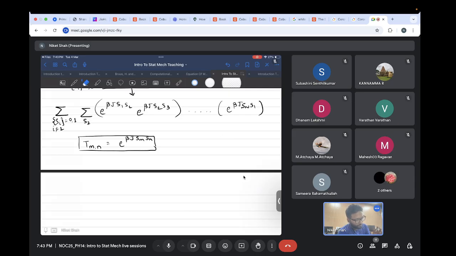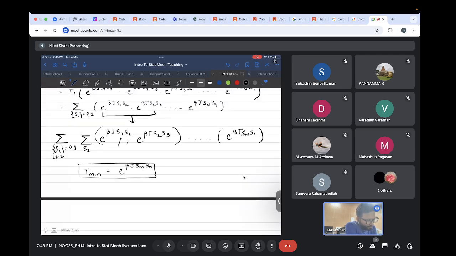Actually, the notation will become confusing, which is why I'm thinking of what to do here. Here the i's that we are writing, S1, S2, S3, all these i's indicate the position of the particular spin. But here when I'm writing M and N, I don't mean to indicate the position. I just mean to indicate different values of S that it can take.